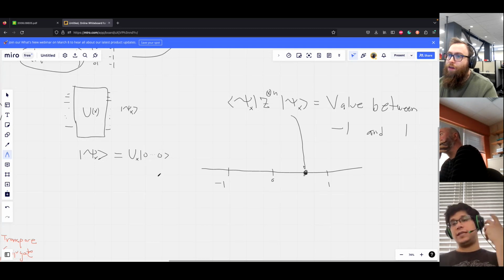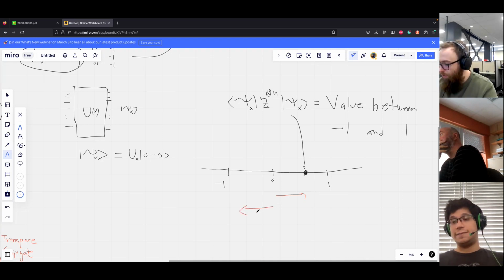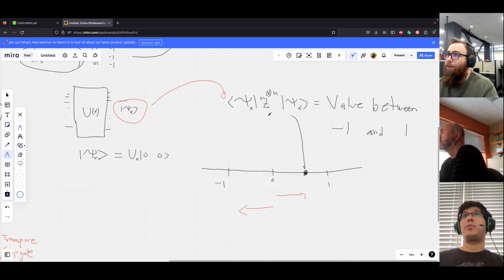How can I use the expectation value to give a label to this data point? The way we do it is we look at the sign. So if it's positive, it corresponds to one class. If it's negative, it corresponds to the other class. And this is how we use it for classification. So we plug in another data sample, we obtain the final state, we compute the probabilities, then we compute the expected value, and we put it here.